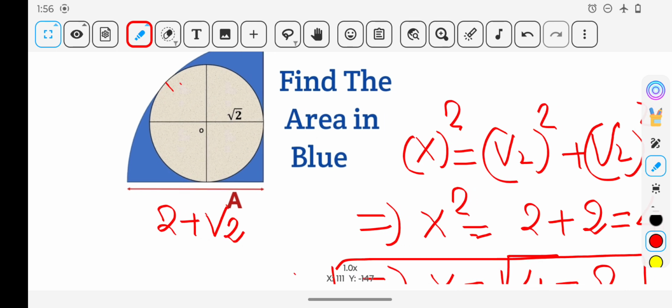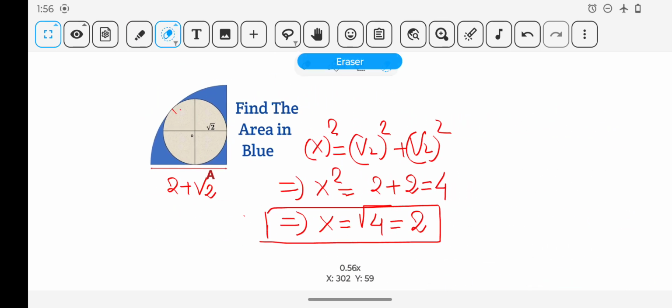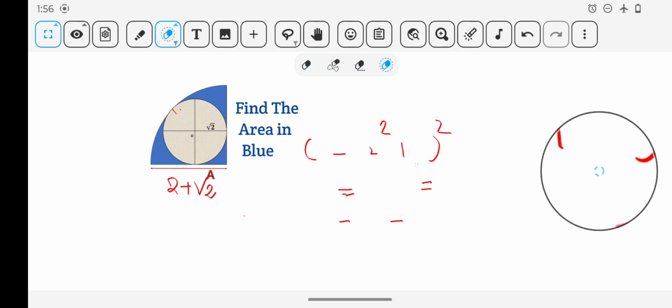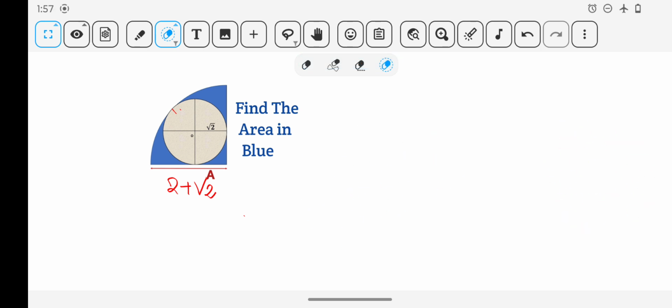Now we have to calculate the area. The area in blue will be the area of the quarter circle minus the area of the smaller circle inside.